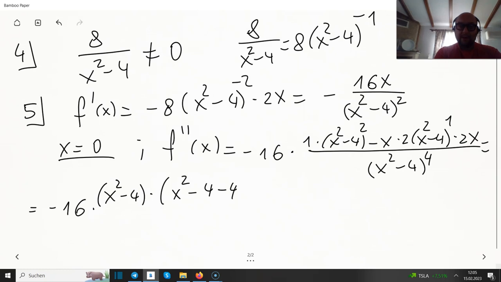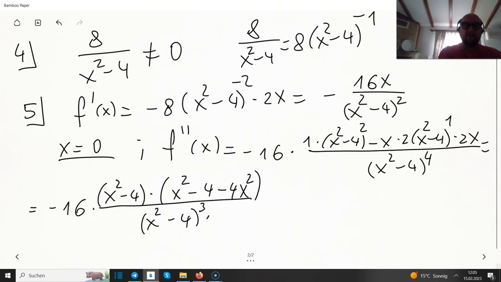So minus 4 x squared seems to be all right. Yeah, I'm closing the parentheses and I'm going to have x squared minus 4. We take it cubed and then we have x squared minus 4, one more remaining, so we're canceling those two. And the result would be minus 16 still.